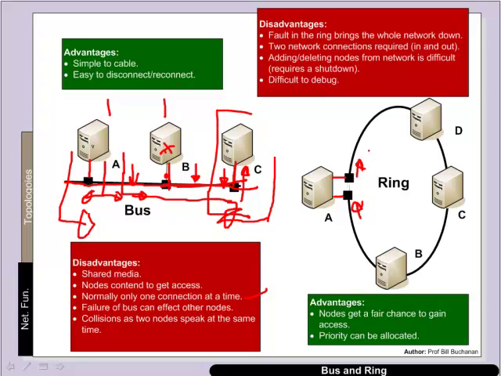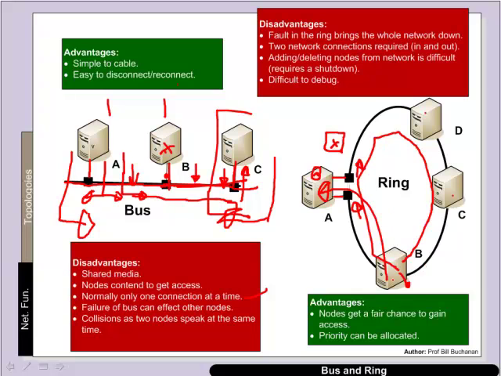And the advantage with this is if we use something like a token passing method, we pass a token from one node to the next, and if a node wishes to transmit, they keep the token and then they can transmit their data through the network, and when that's complete they pass the token on to the next node. In this way we get a fair and honest sharing on the network.